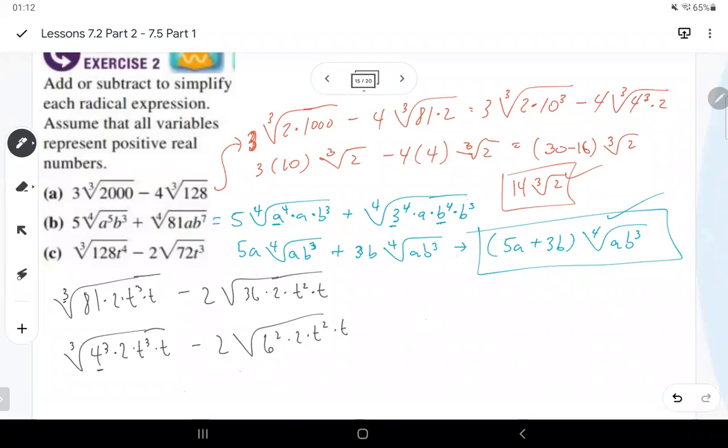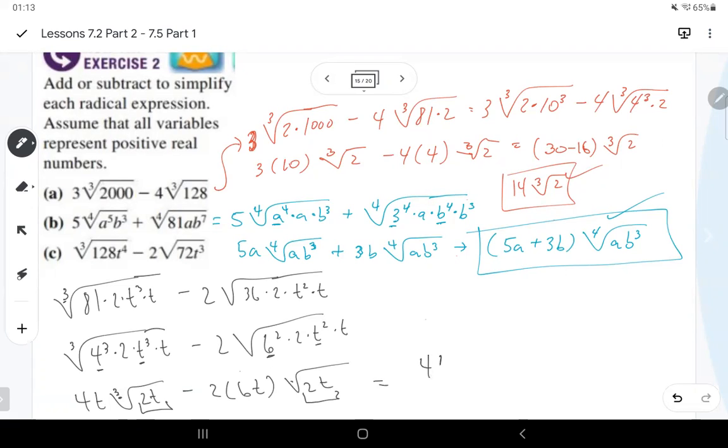Here we'll pull out a 4 and a t. Here we'll pull out a 6, multiply it by the 2 that's already outside, and a t. So we'll have 4t cubed root 2t inside minus 2 times 6t square root 2t inside. See, the radicands match, but the overall radicals do not because of the indexes.